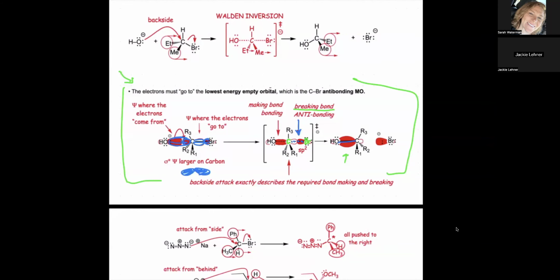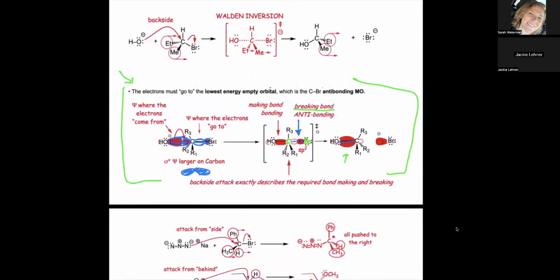You know how before the OH attaches, in the original molecule, the carbon and bromine are bonded? Doesn't that mean that originally they are in a bonding, in phase molecular orbital?